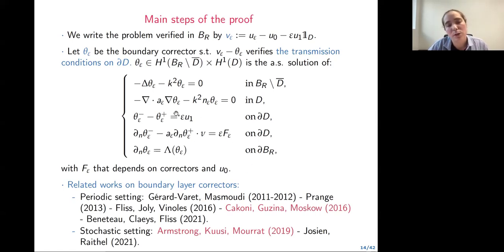Notably, they want to understand if you can homogenize this equation or not, and so on. I highlighted this work here because they dealt with the same problem as us, but in the periodic setting. The tools then are different, but still it was a great help. And also in the stochastic setting, as I said, the Dirichlet-Neumann problem was treated in this work.